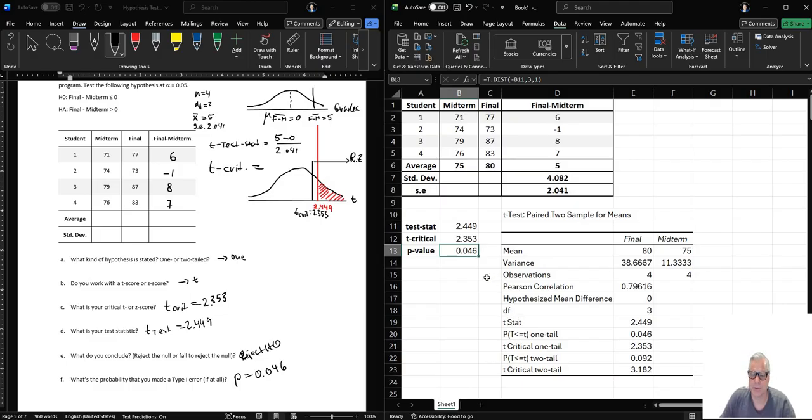And so that's why it's always good not to rely exclusively on Excel, but also to know what Excel is basically doing in the back of its various calculations. But anyhow, that was a pretty simple paired t-test, and yeah, let's just stop here, and then in the next video let's take a look at another problem.